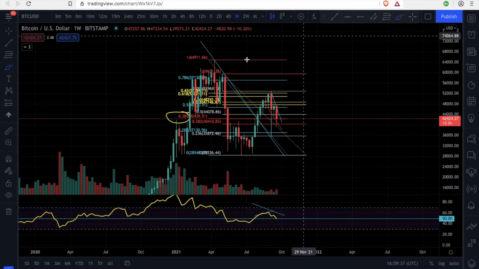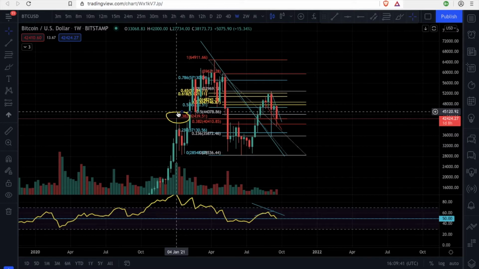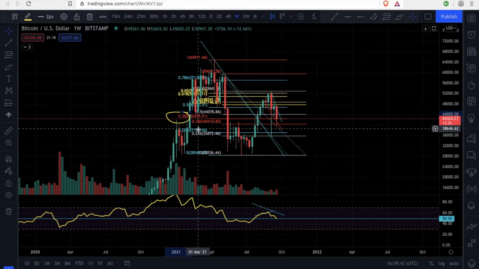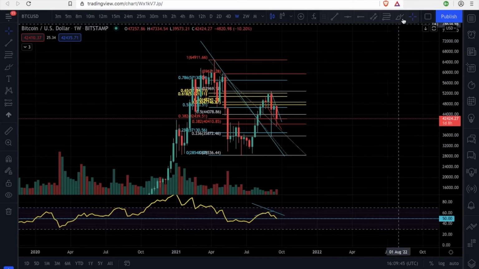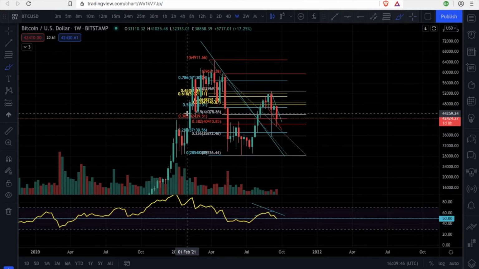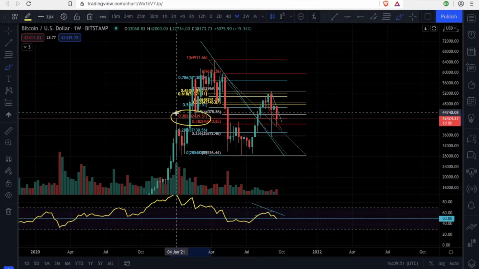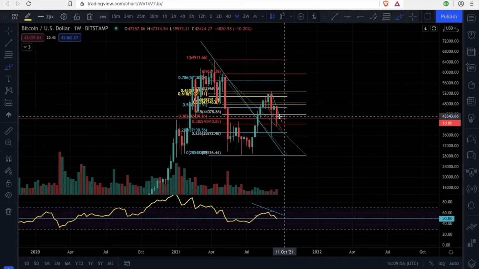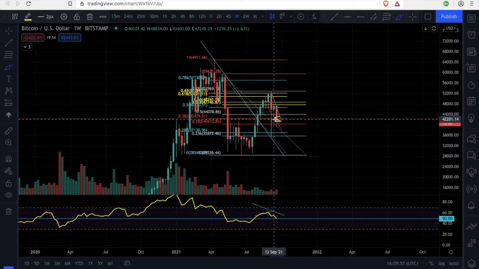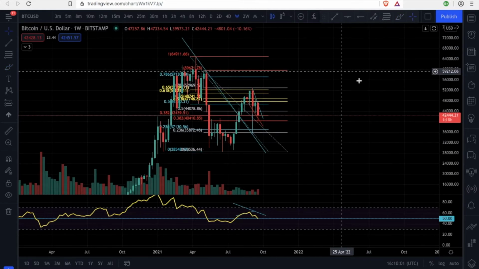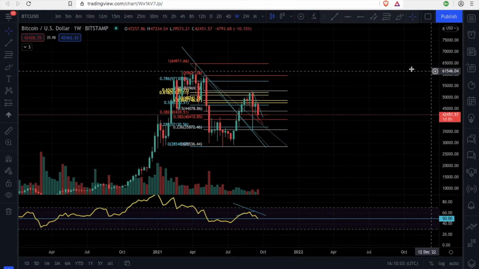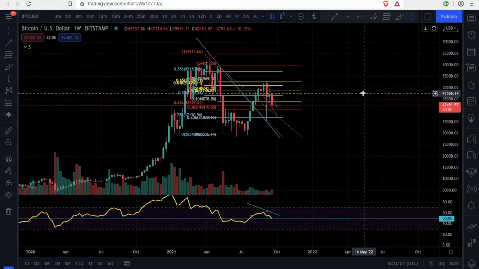Because if it doesn't hold that as support, and there's a weekly body candle close below this 0.382 Fibonacci retracement, which is around the $42,440 level, then this dead cat bounce scenario is most likely going to occur. And what that means is that the Bitcoin price and the cycle will be over.